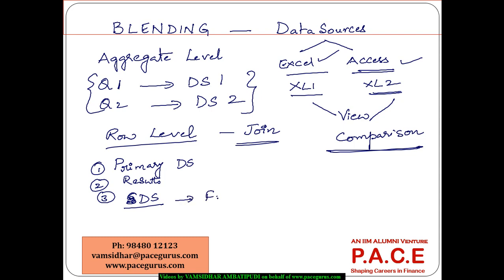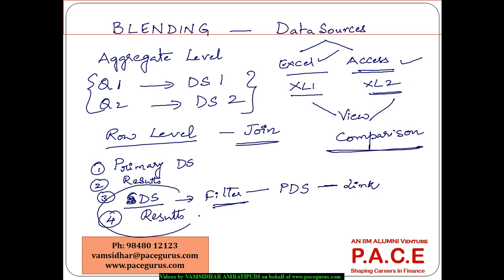Now there is a filtering that applies. Right? Based on the set of values that are retrieved by the primary data source, and based on the link between the two data sources, there is a kind of a filter that is applied. So the secondary data source now retrieves another set of results. Similarly, the steps 3 and 4, they keep iterating for all the data sources that I have typically used.